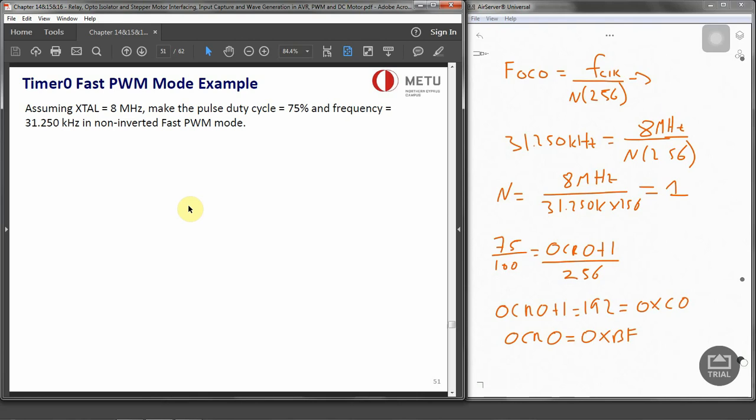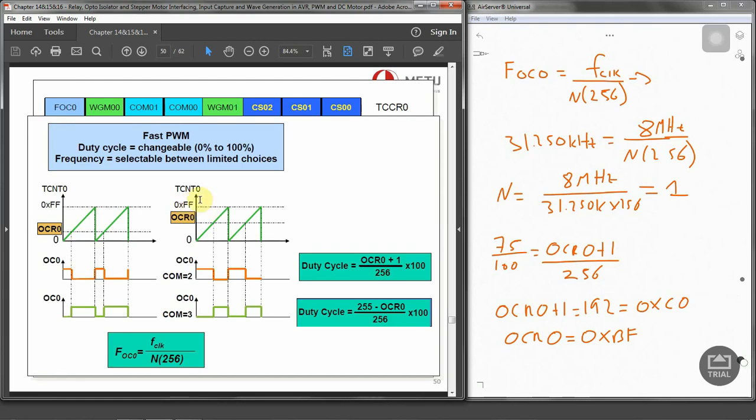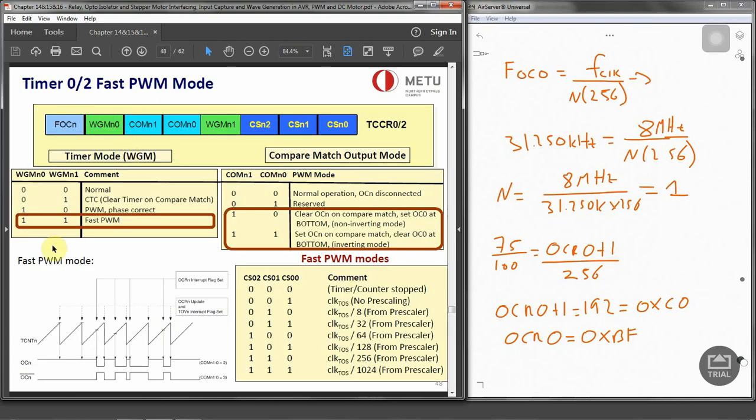And we just need to configure the timer control register. WGM00 has to be, if I go back over here, fast PWM, so that needs to be 1. COM, which is non-inverting, is going to be 1 0, so that will be 1, and that will be 0. So this leaves us with 0 1 1 0, which is 6. And then WGM01 is going to be 1, because fast PWM.